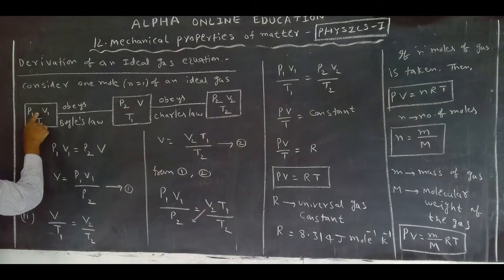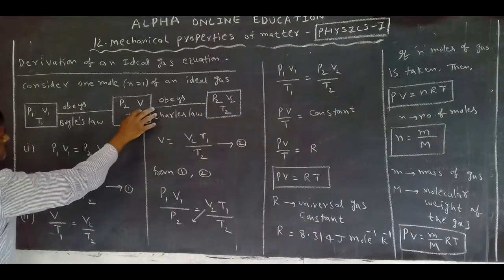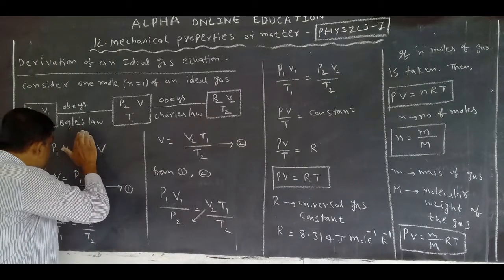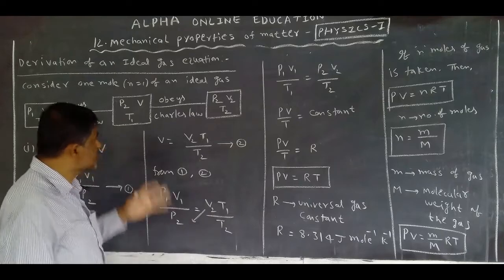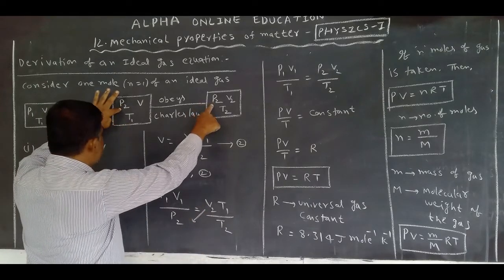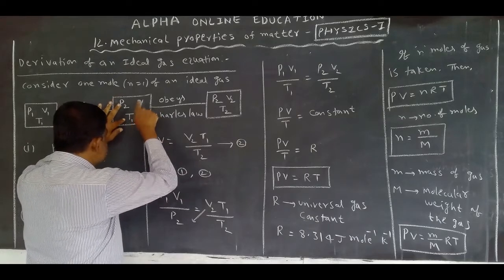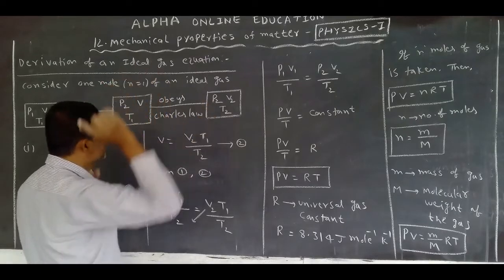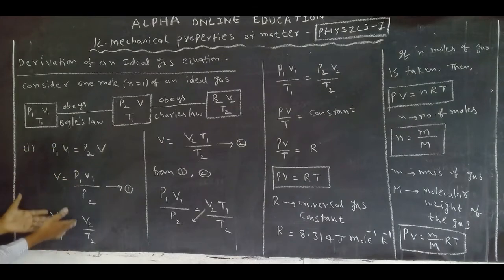Only pressure and volume change. So pressure P1 becomes P2, volume V1 becomes V. Next, an ideal gas obeys not only Boyle's law but also Charles law. In Charles law, pressure is constant. Volume and temperature are changing. So volume V becomes V2, temperature T1 becomes T2.